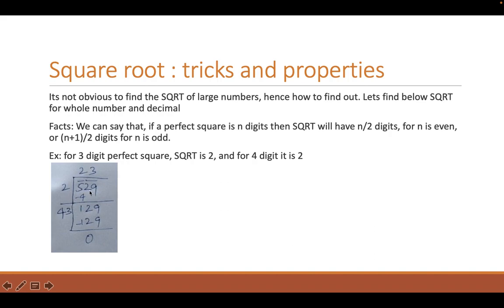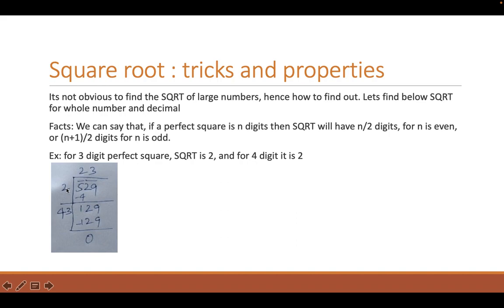Say here 529: you pair 29, here 5. So you are now calculating. 2 multiplied by 2 equal to 4 you put. That covers the 5, because you cannot do 6 as it's more than 5. Then you subtract, you get 1, and the next pair you bring down, 129. Here you kept 2, right?